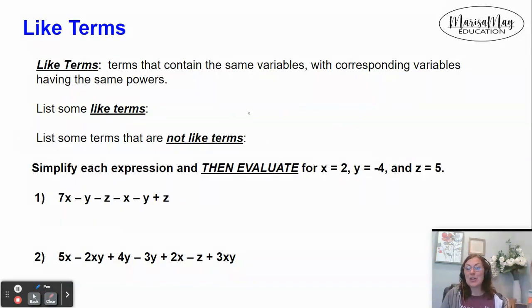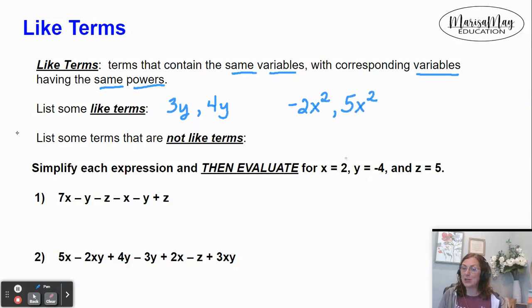So like terms are terms that have the same variables, and those variables have the same powers. For instance, 3y and 4y would be like terms. -2x to the second and 5x to the second would be like terms. They have the same variable, and those variables have the same exponent.